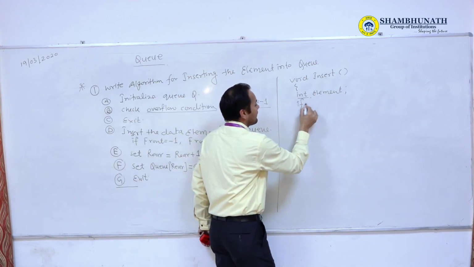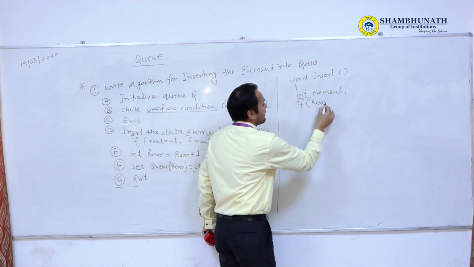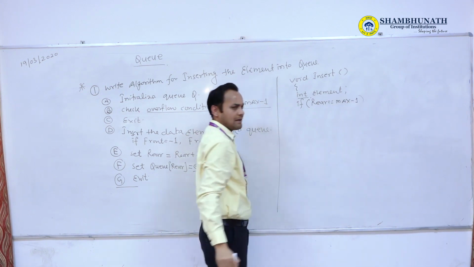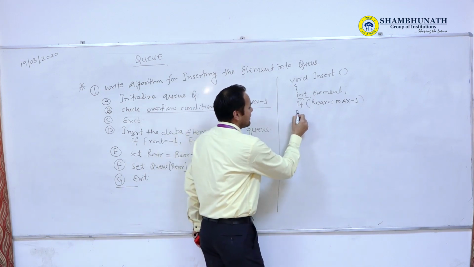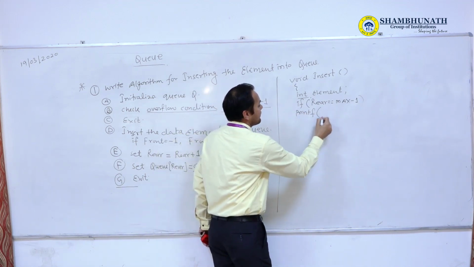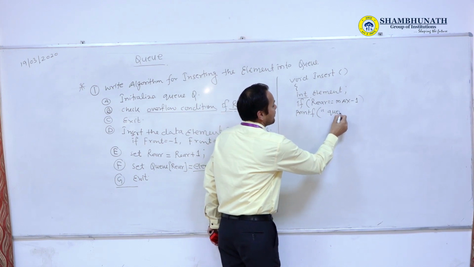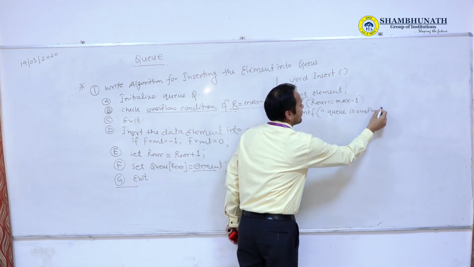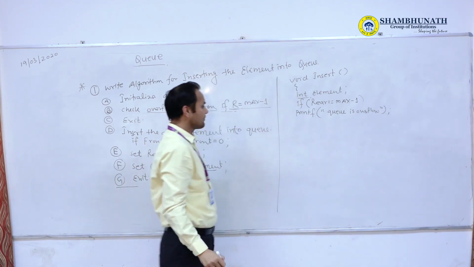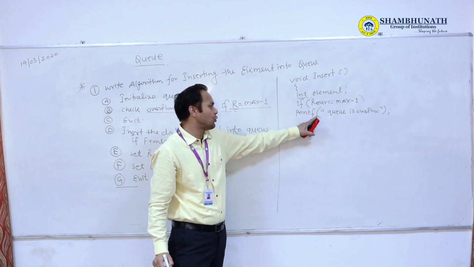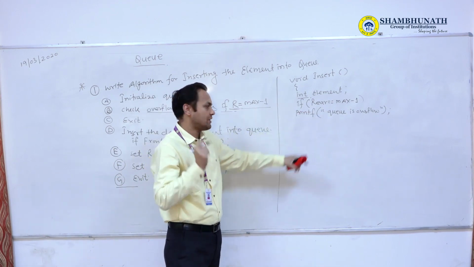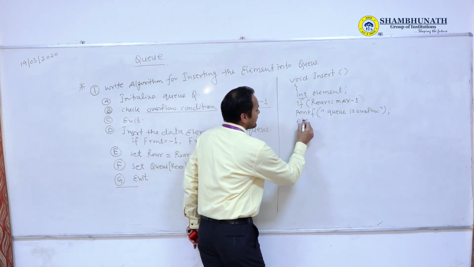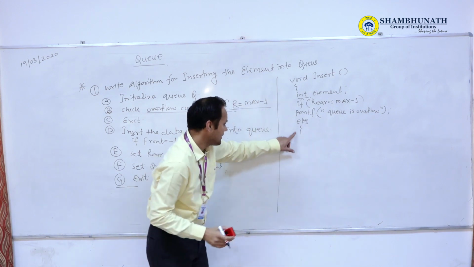If rear equals max minus 1, print the message printf Q is overflow. If this condition is true, then we exit from the Q. If this condition is false, the next step goes on.